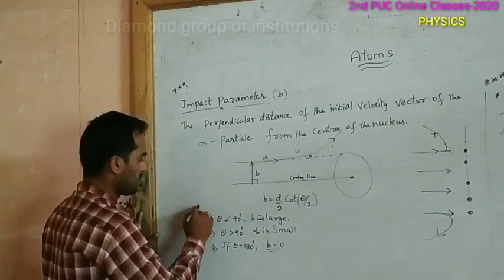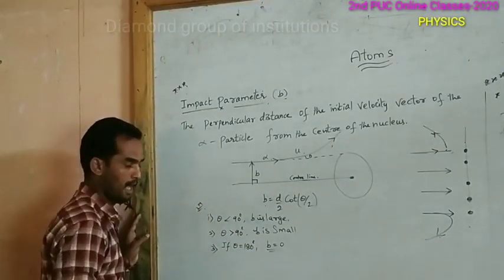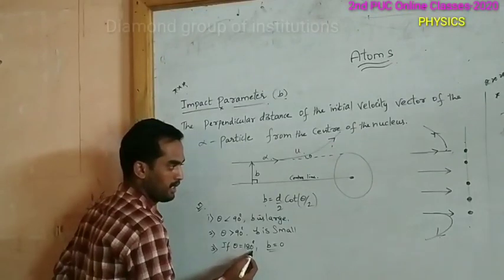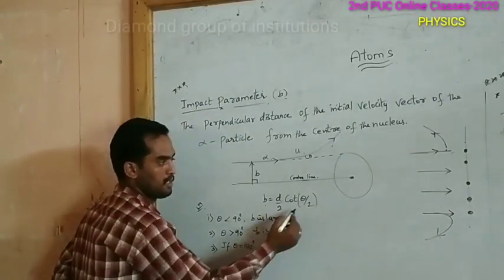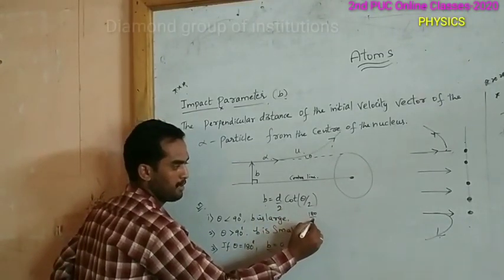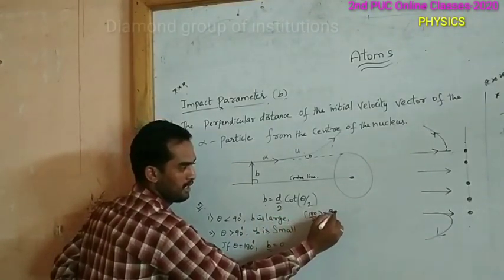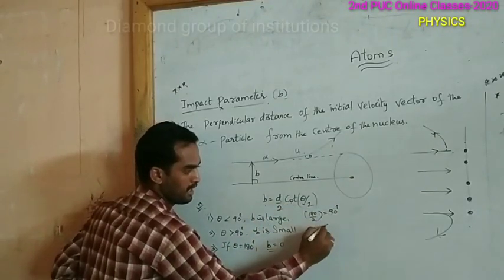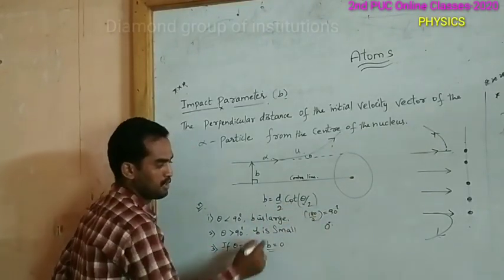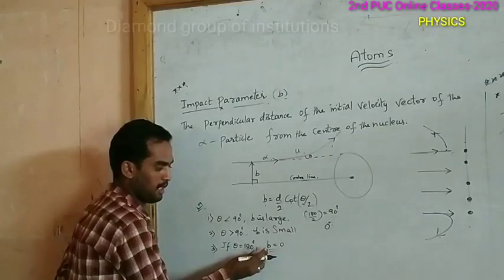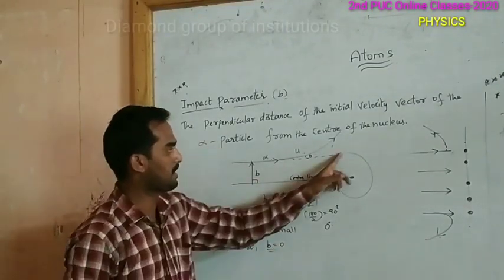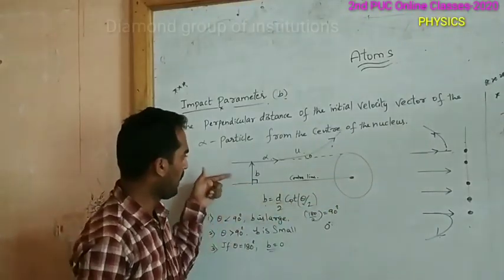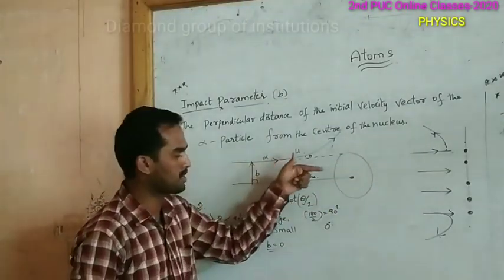These are questions that can be asked for 1 mark. And if theta equals 180 degrees, substituting 180, 180 divided by 2 becomes how many degrees? 90 degrees. So cot 90 degrees is how much? 0. So automatically we can say that the impact parameter is 0. See the diagram once again. This is a nucleus and here an alpha particle is approaching towards the nucleus.